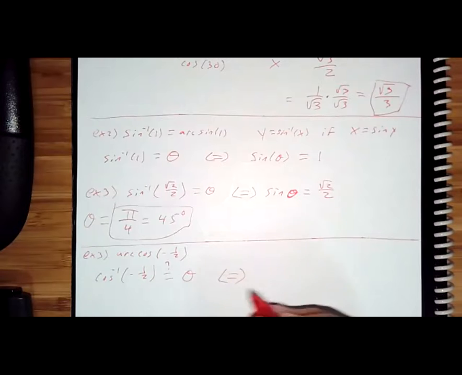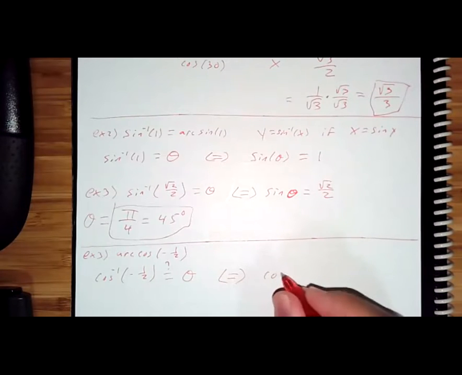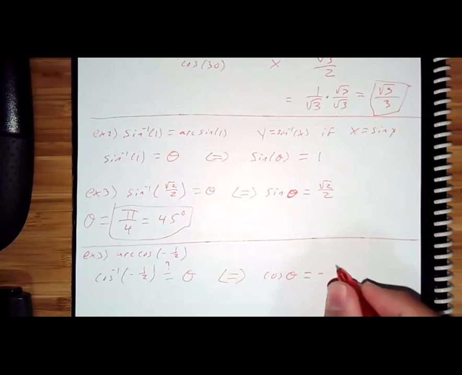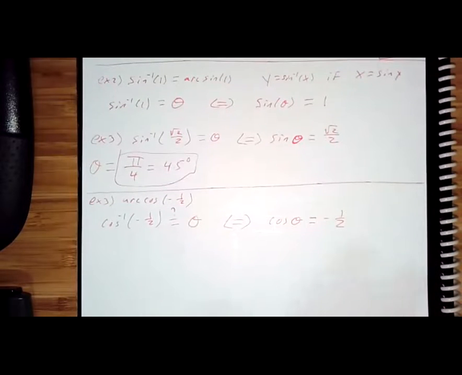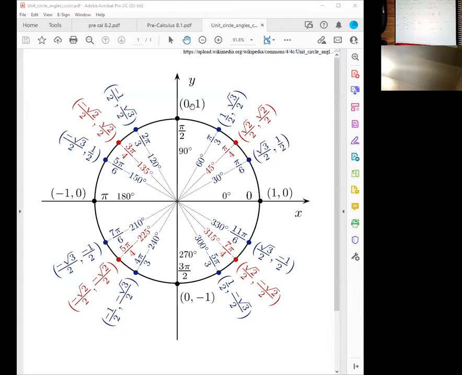All right, using our definition, that's the same as asking cosine theta, there exists some theta that makes it -½. So look at the circle again. Here's where cosine is -½. That angle is 2 pi-thirds.